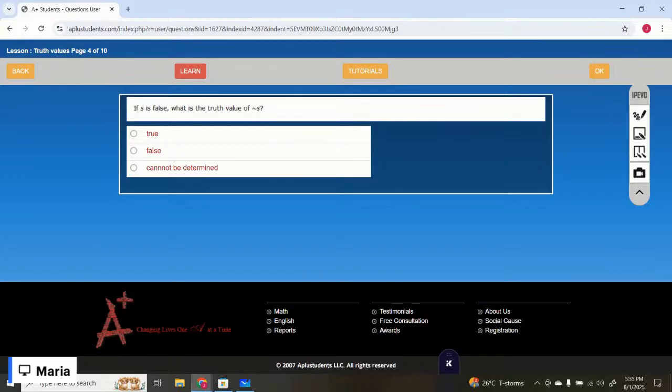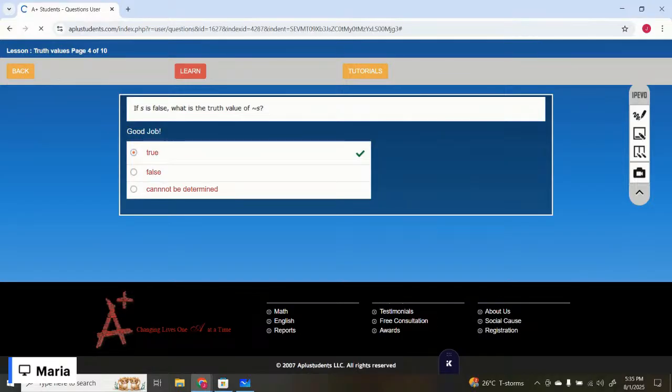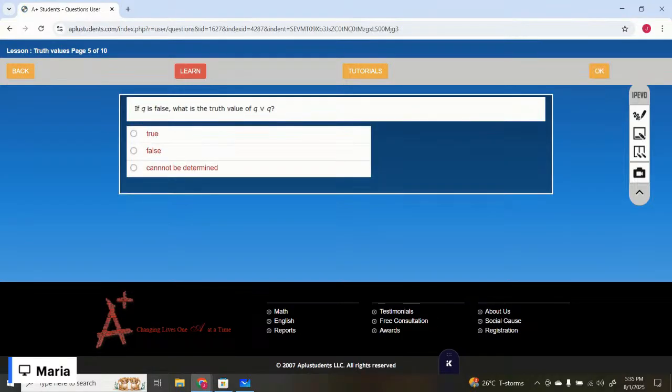Negation of S is true. Option number one is the correct option. If Q is false, what is the truth value of Q or Q? False. Option two is the correct option.